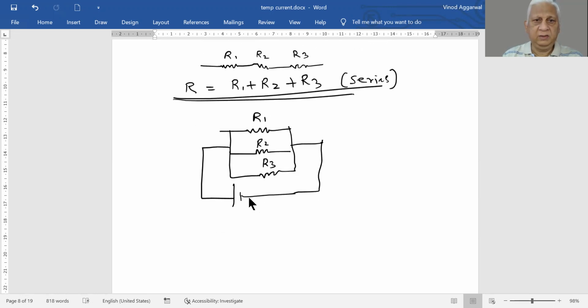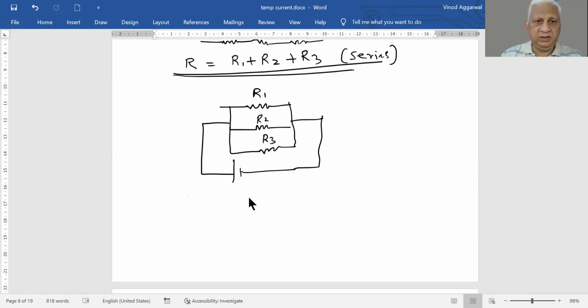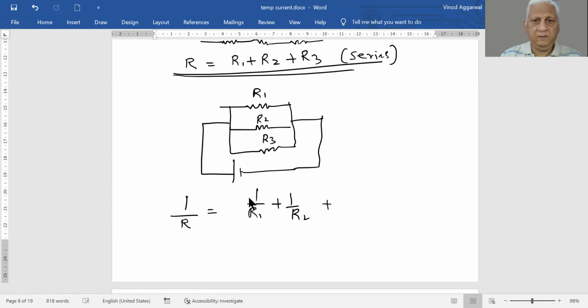In this case, the resultant resistance is given by the inverse of the resultant resistance, which is given by the summation of the inverse of each of these resistances. Okay.